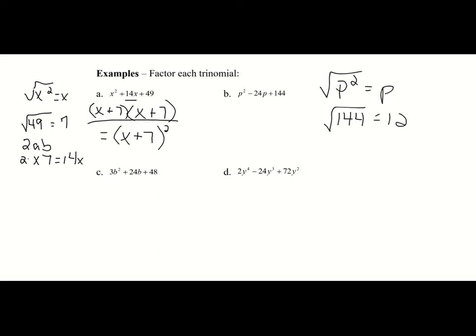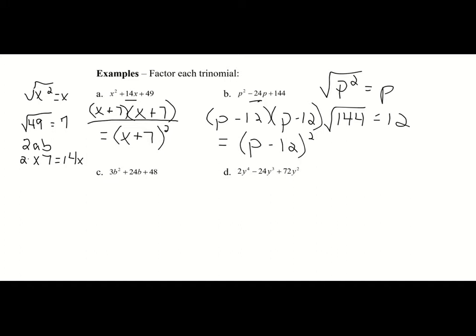So I check that middle term: if I multiply p times 12, I get 12p, and if I times it by 2, it is going to give me 24. So when I factor this one, it will be p minus 12 times p minus 12, or again, we're going to simplify it and make it p minus 12 squared.